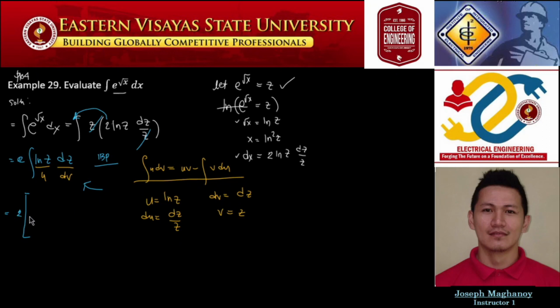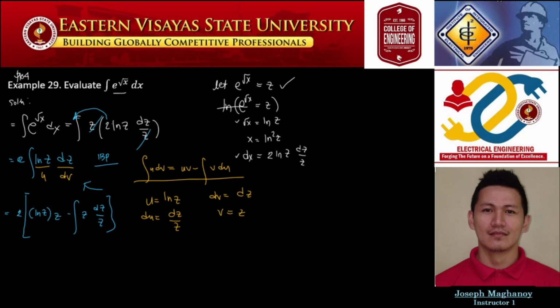That is ln z. What is your v? That is z. Minus integral. What is your v? That is z again. And what is your du? That is dz over z.